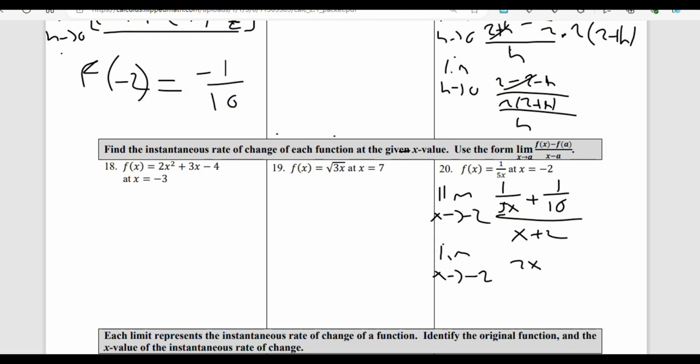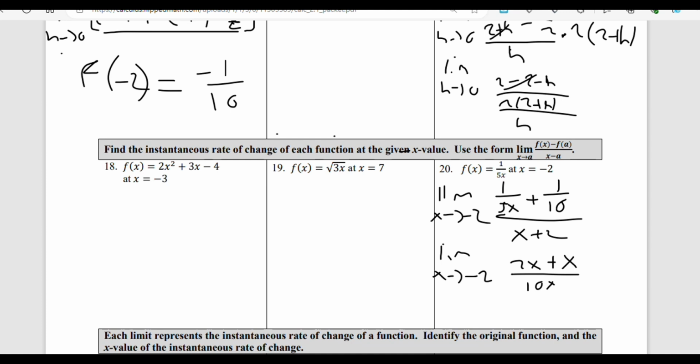So 2x over 10x. And then to get from 1 to x, you're going to multiply it by x. And again, the LCD is just simply going to be 10x, right?